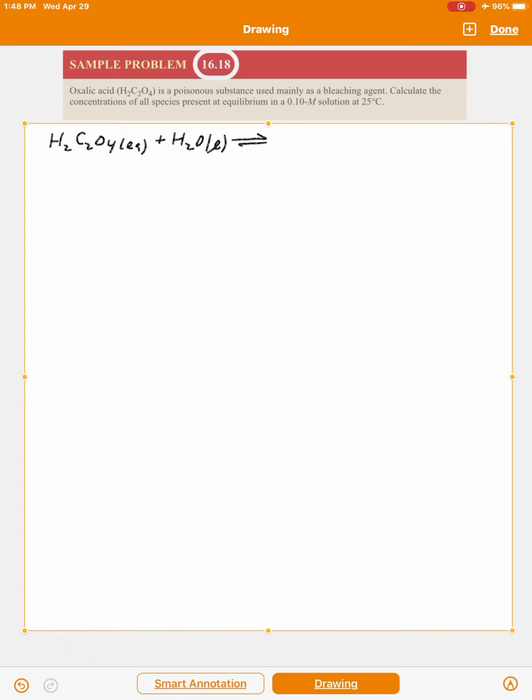As a weak acid, we'll lose one of the H pluses and form a hydronium. So here's what we're going to do. We're going to do an ICE problem on this one. The initial concentration is 0.10 molar. Don't need to worry about liquids. These start as 0.